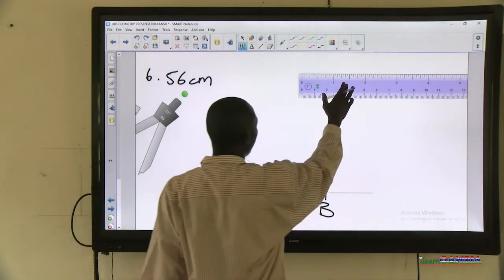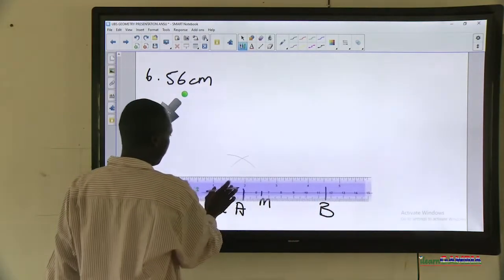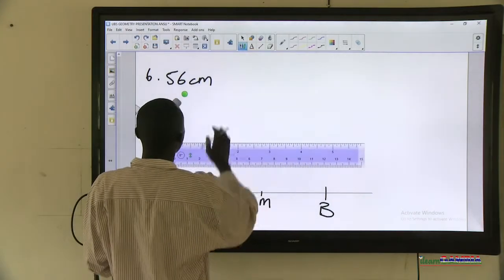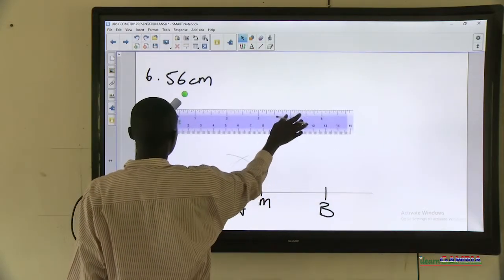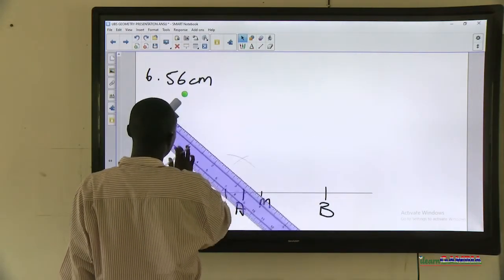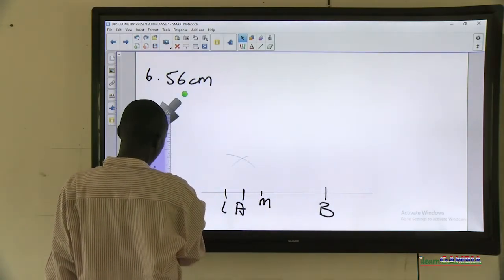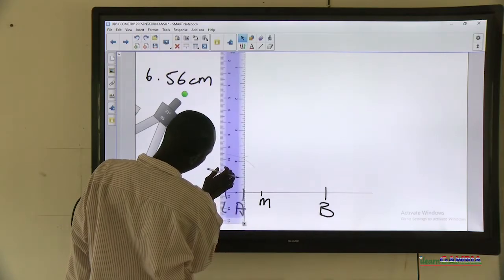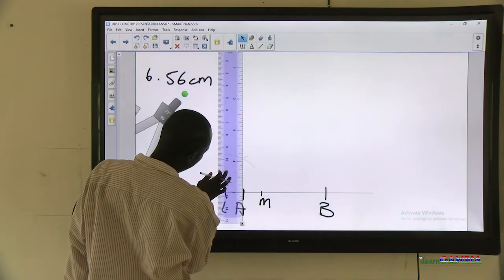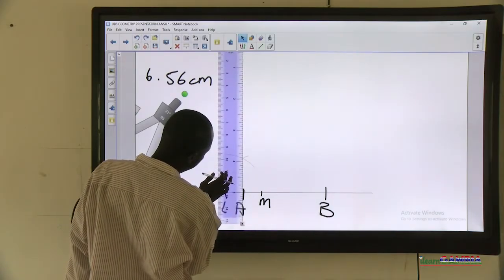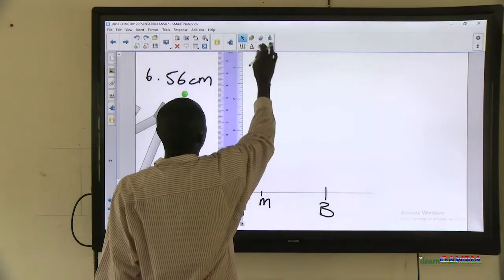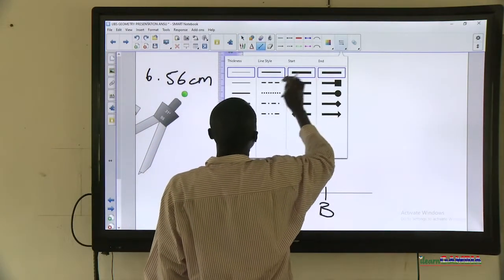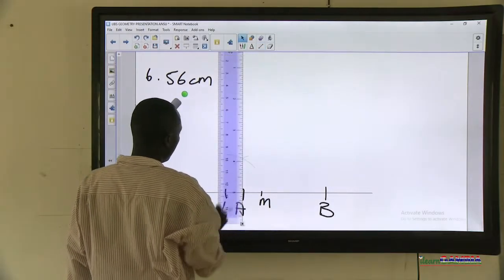So I take my ruler, join that point of intersection to point A. I still need my construction lines.